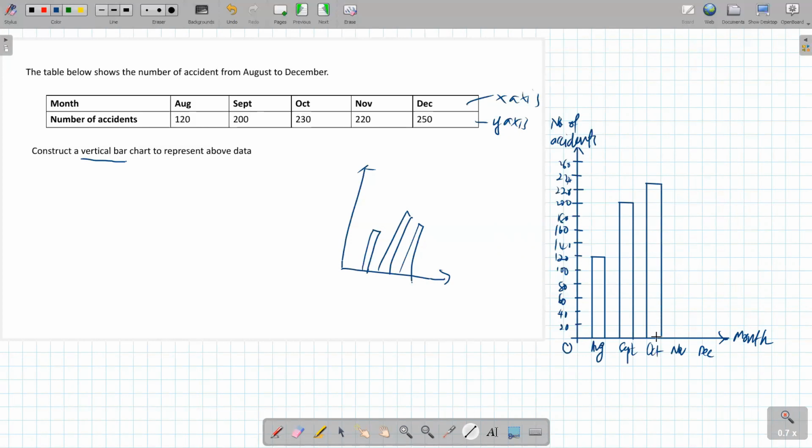And then in November, we have 220. And then in December, we have 250.